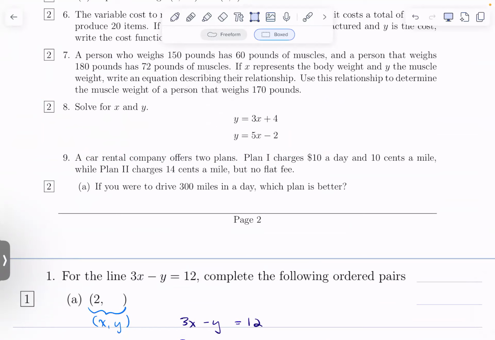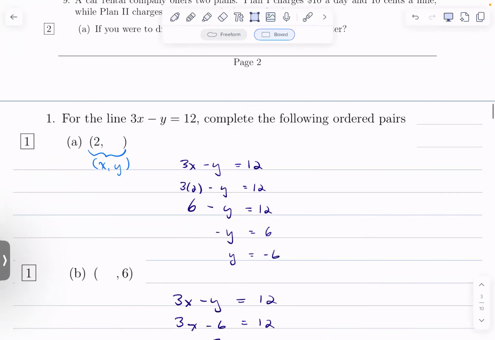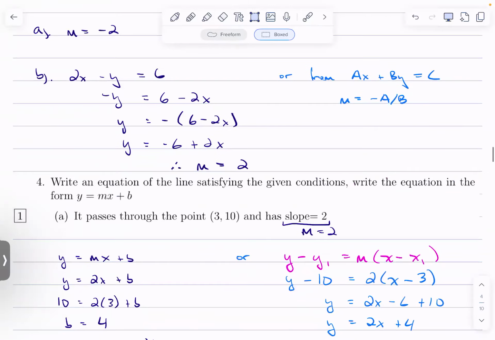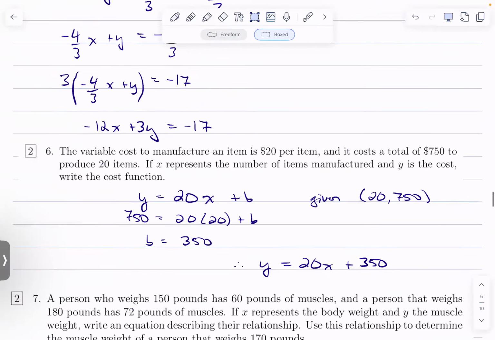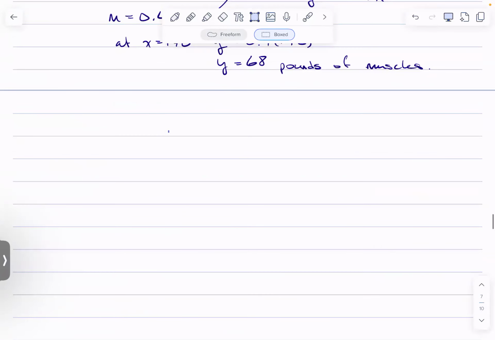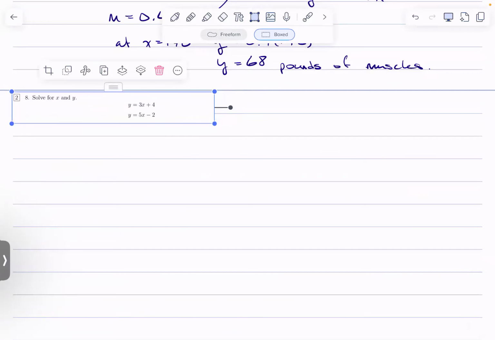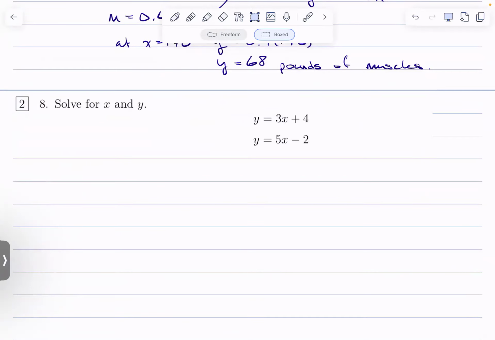Then we moved on to talk about how to find the intersection of two lines, right? And so we'll start off nice and slow and just, I give you two lines and you find the intersection. Solve for x and y. This is the intersection, right?